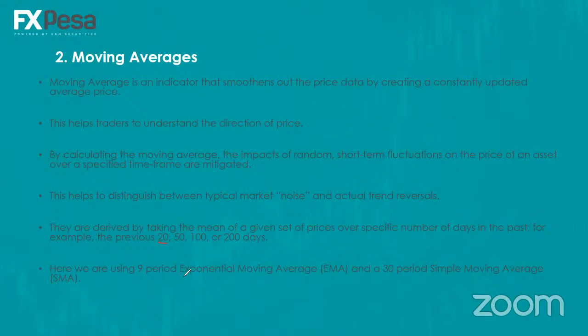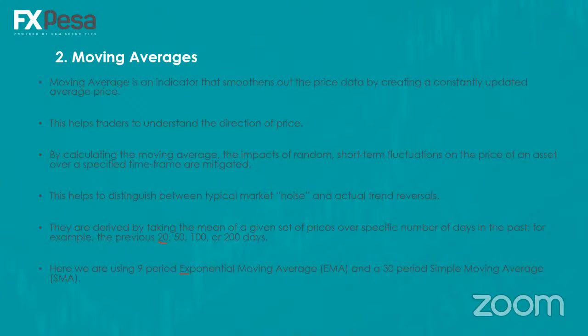For example, when you say exponential, this is where you have the line being plotted based on the given number of periods, but then more weight is assigned to the most recent candlesticks. So the line moves much closer or reacts much closer to the price than when you have a simple moving average, which just uses the average closing price without actually considering the most recent. That's a moving average.